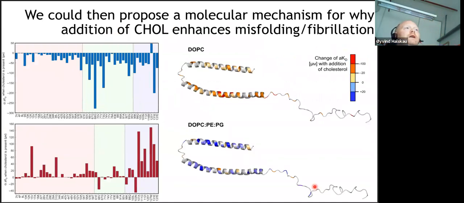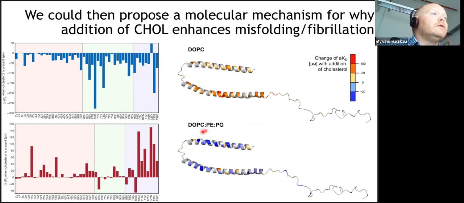And then we compared cholesterol and no cholesterol. So we looked for changes induced by cholesterol. If you look at these bar plots here, we see that the change in the apparent affinity constant when cholesterol is present for DOPC is quite large.